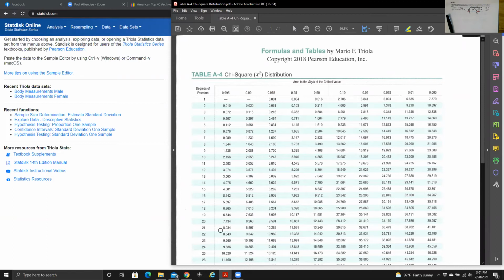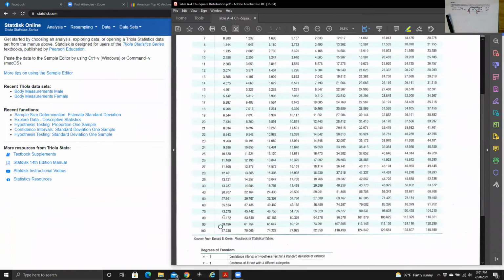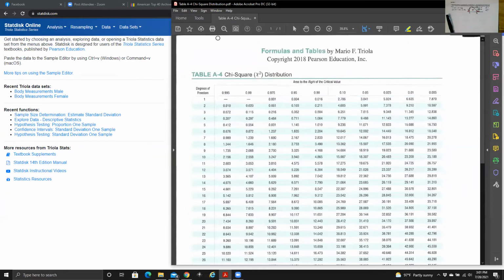We have 106 degrees of freedom. Unfortunately, we don't have 106 on here. So if you were restricted to this table, the closest value you'll have to use is 100. So we'll use 100 degrees of freedom right here. And now let's look at this. We're dealing with 0.99, which is right here.